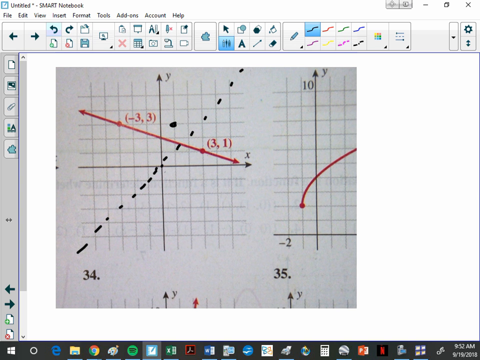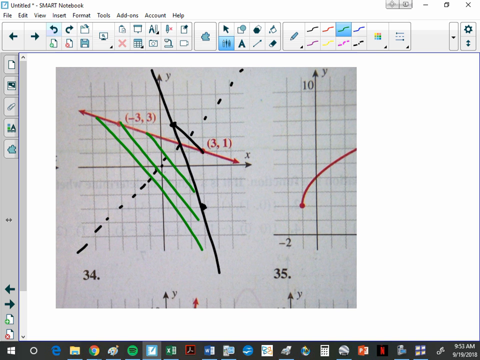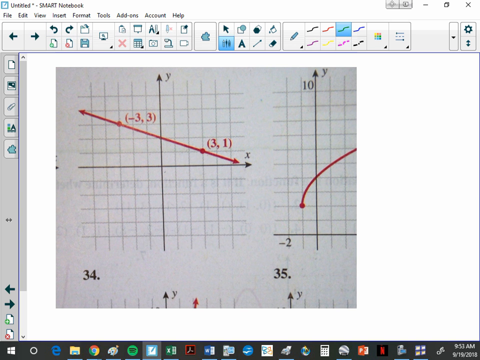Sorry, right here. So this one goes to there. Negative 3, 3 turns into 3, negative 3. And then I can connect those 2 points. And notice, see how those are the same? And if I fold the graph along that line, they meet. So we'll go back and do 19 through 27 in just a minute.